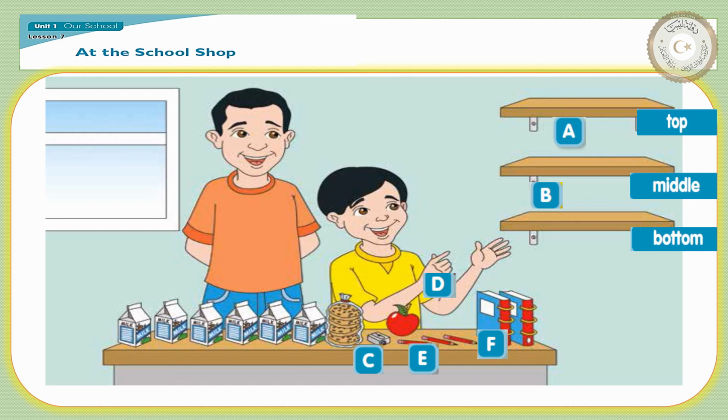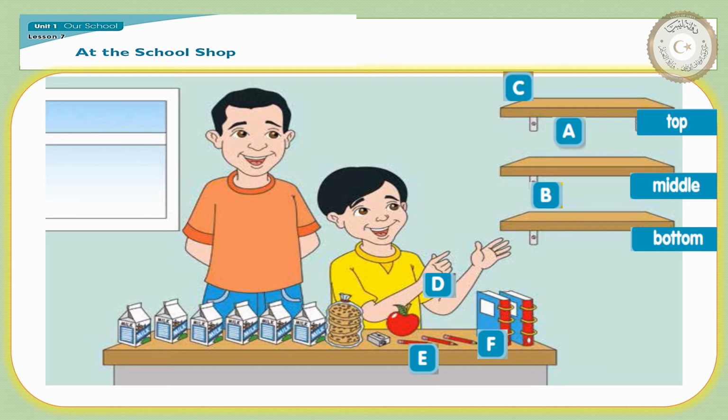Now, the sharpener. So where's the sharpener? On the top. Sharpener, not sharpeners, because we have only one. The sharpener is on the top.